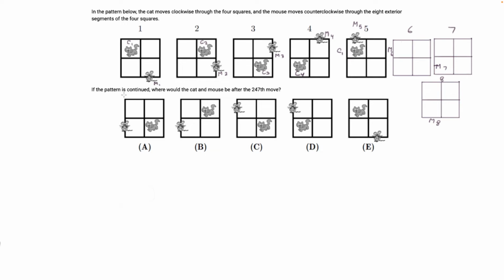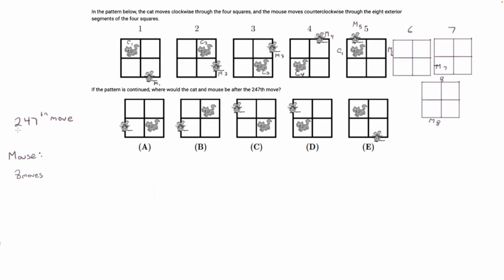And then it says if the pattern is continued, where would the cat and mouse be after the 247th move? So we're looking at the 247th move. So if we first start with the mouse, we see the mouse moved from M1 to M8, so it moved a total of 8 moves.